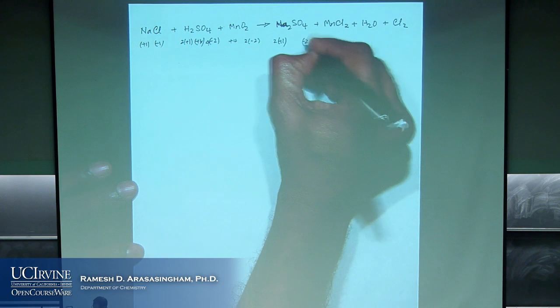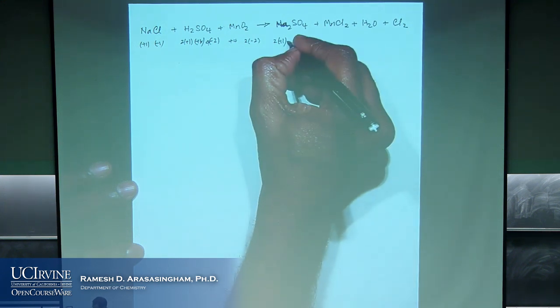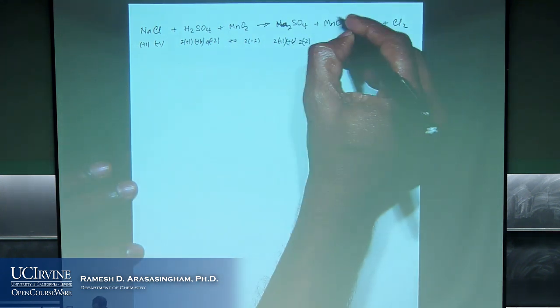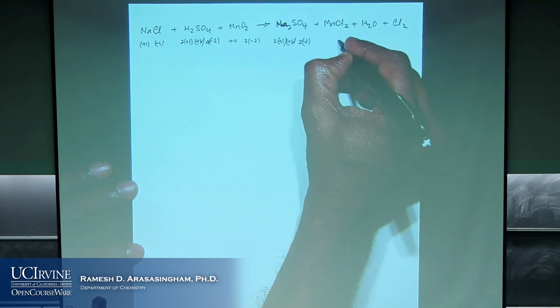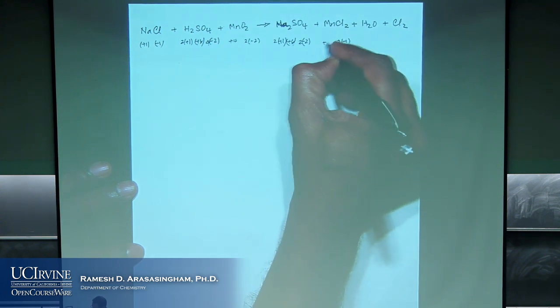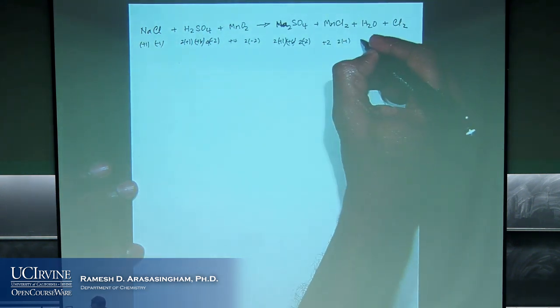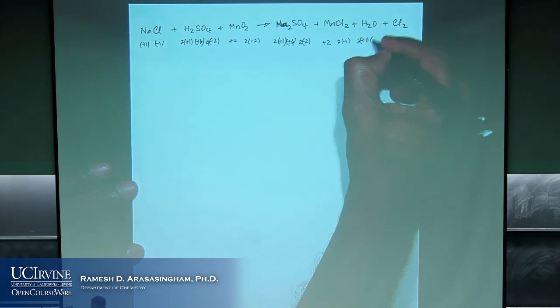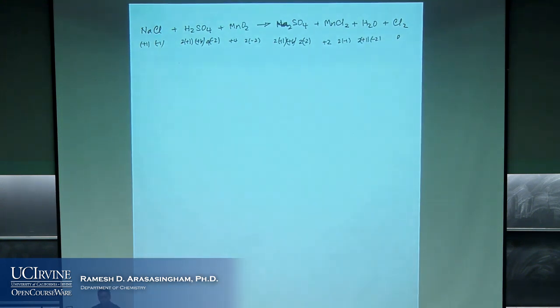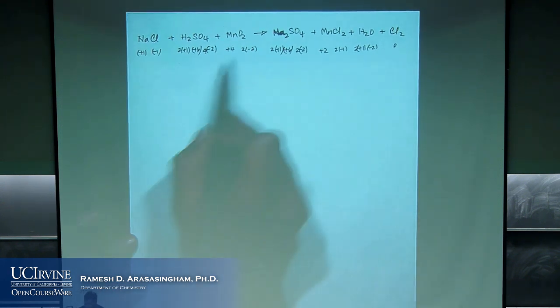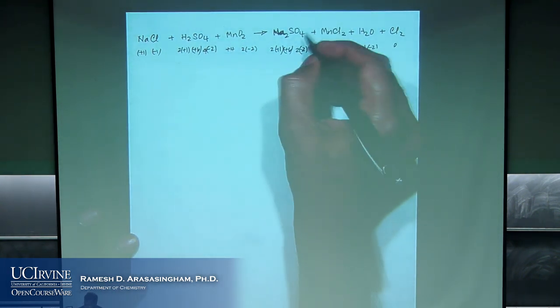Each oxygen is -2 times 2. Each sulfur will be +6. Over here, each chloride is 2 times -1, so this will be +2. This will be +1 times 2, -2, 0. Over here? Over here. Yes, thank you.